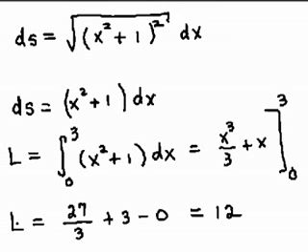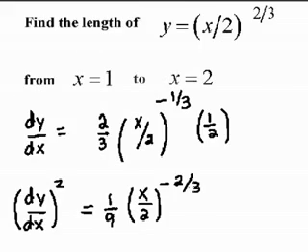So you see ds, the element of arc length, just becomes (x squared plus 1) dx, and the length is the integral of that from 0 to 3, which is x cubed over 3 plus x from 0 to 3. If we plug in the limits, we get 27/3 plus 3 minus 0, which equals 12. So the length of this curve from 0 to 3 is 12 units.